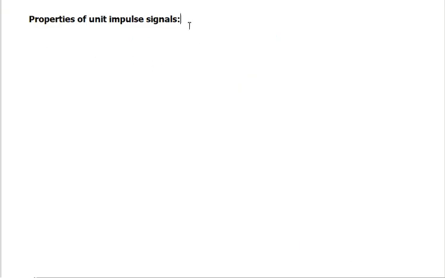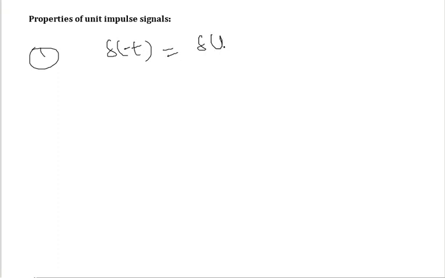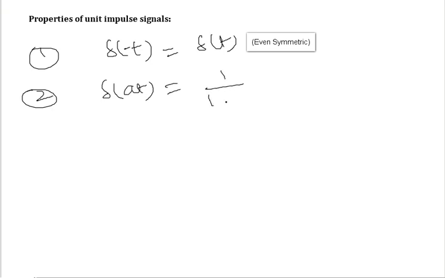Further, let us see a few properties of the impulse signal. The first one is that the unit impulse signal is symmetric, so it means that delta of minus t will be equal to delta t, and delta of a into t will be equal to 1 over mod a delta t.